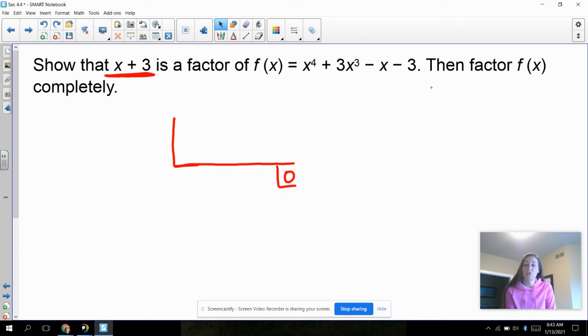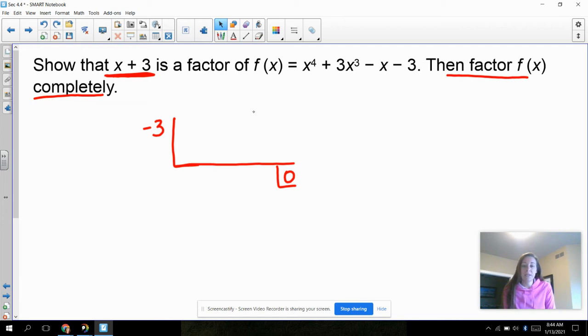But what I'm going to do now, because it's asking me to factor this whole thing completely, is take what's left in this portion and use that to factor. Right, so that's kind of the steps here. All right, let's set it up. I'm going to plug -3 outside because it's x plus 3, so I plug in the opposite of that number.